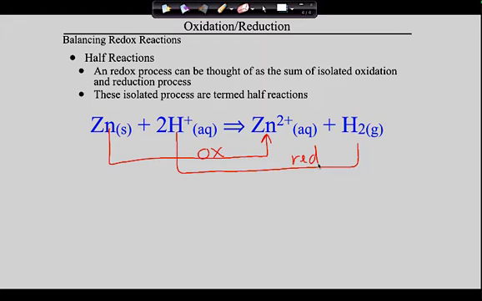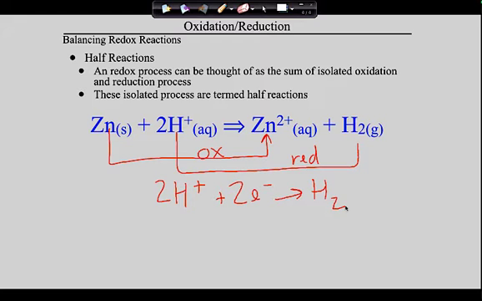How did that reduction go? Well, what we had was 2 hydrogen ions gaining 2 electrons, and that formed H2. So that is the half reaction that represents the reduction.